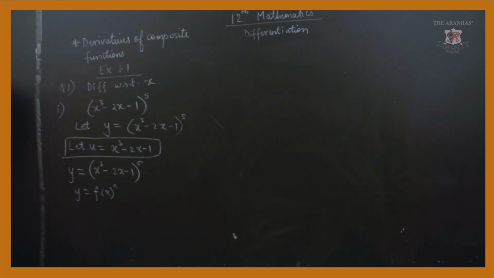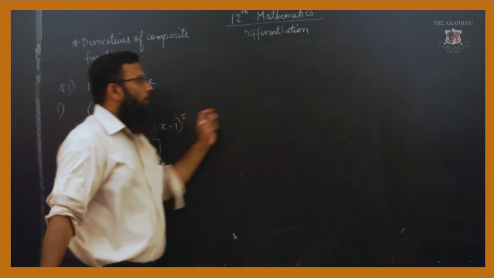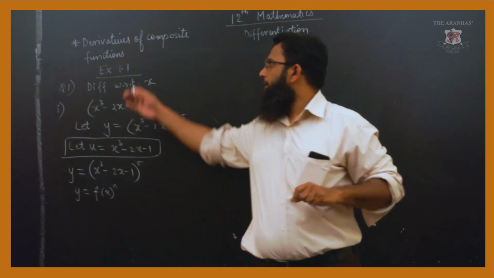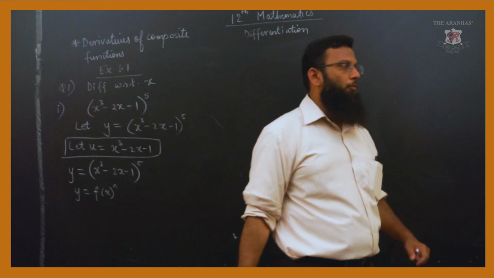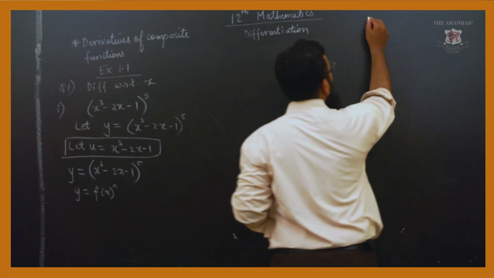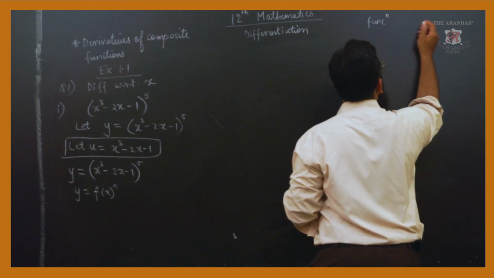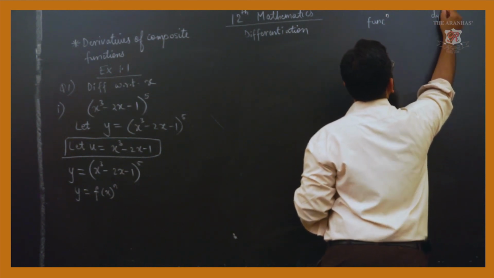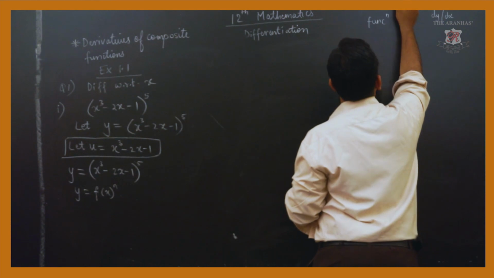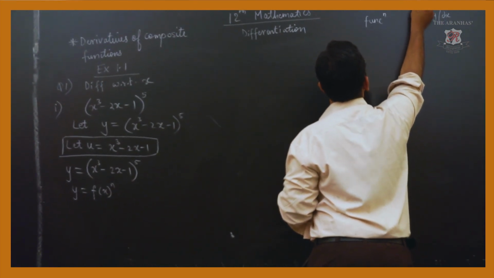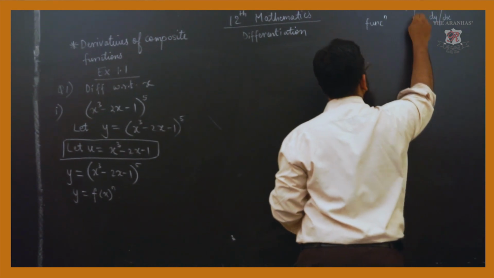On the other side, I will list out all the formulae which will be needed for exercise 1.1. Here I write the function and here is dy by dx. But this is only for composite derivatives.